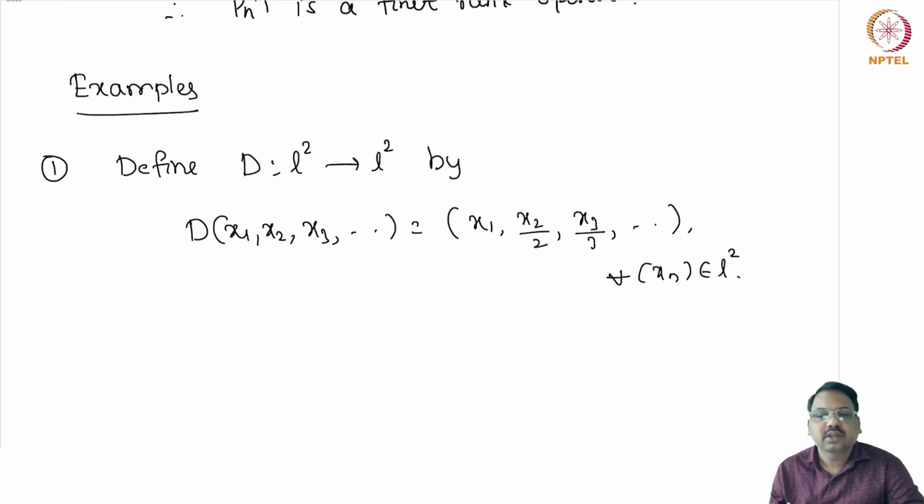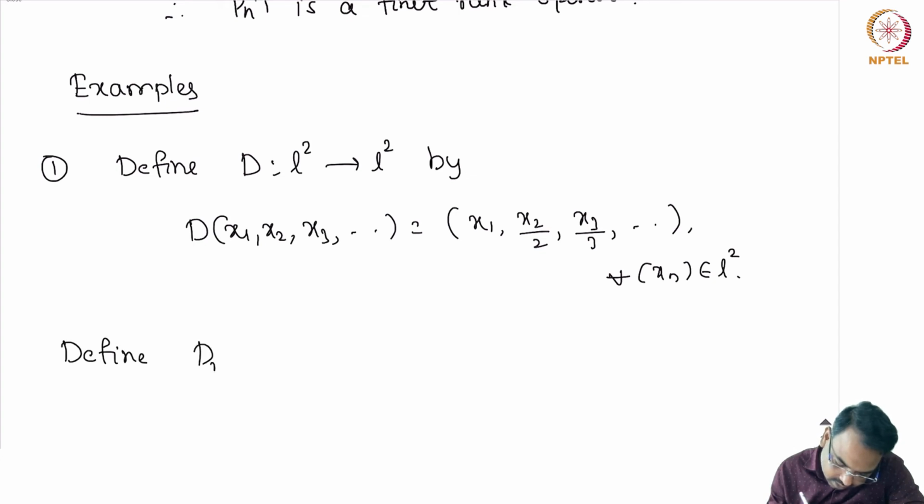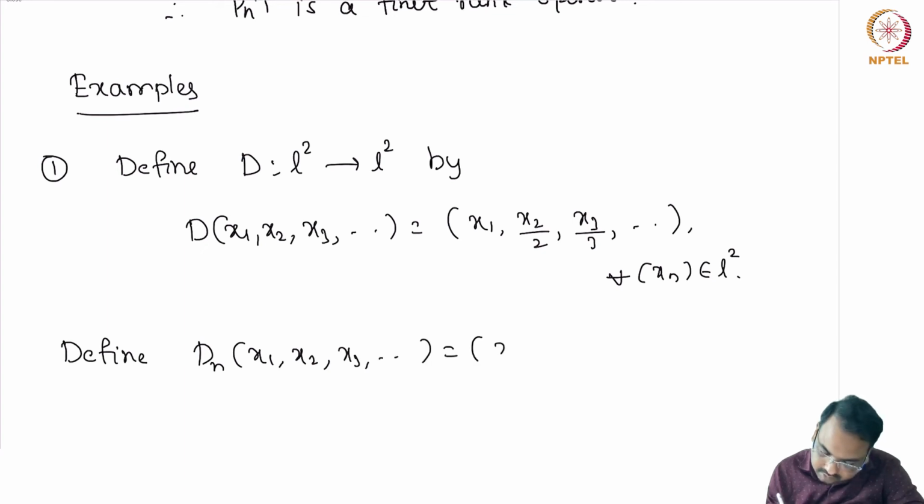So we want to show that this is a compact operator by using the earlier approximation theorem. So define Dn of (x1, x2, x3, and so on) as (x1, x2/2, and so on up to xn/n, and the remaining terms 0).